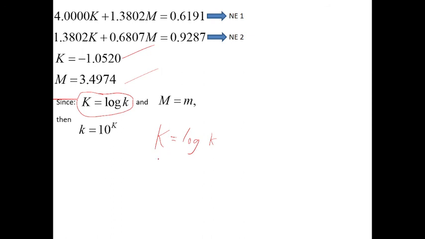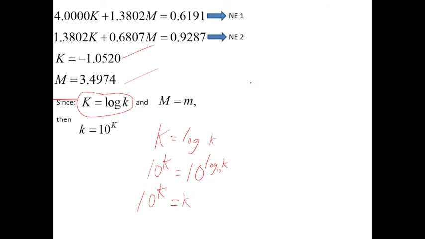So, considering 10 as the base, we have 10 to the power of K equals 10 to the power of log k. Since the base is 10, 10 is the base, and the base for the logarithm is also 10. Therefore, this is simply k.